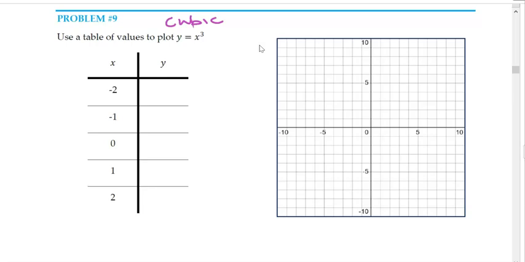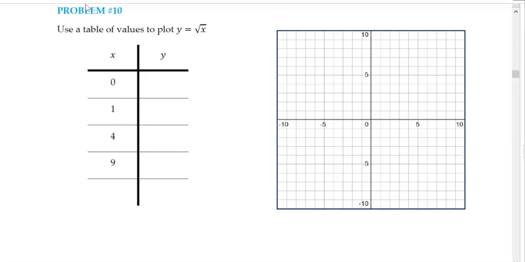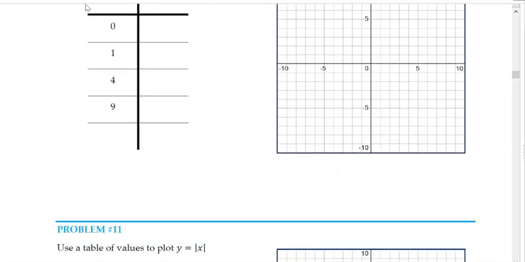All right, and a cubic's always going to have that kind of shape that goes something like this. All right, I'm just going to let Desmos do it. All right, and then this one, like I said, is a square root. So the name of it is square root graph.